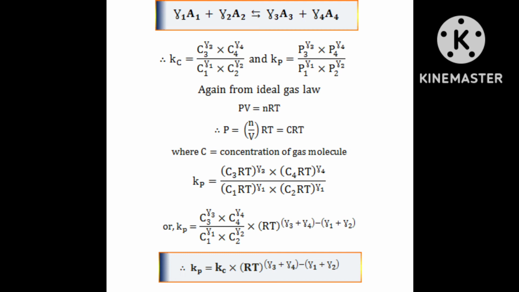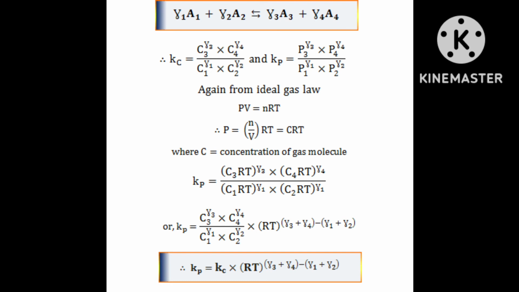But here a square is there, so write concentration of ammonia power 2 into RT power 2. RT you write in a bracket, power 2, means on R also 2 and T also 2.